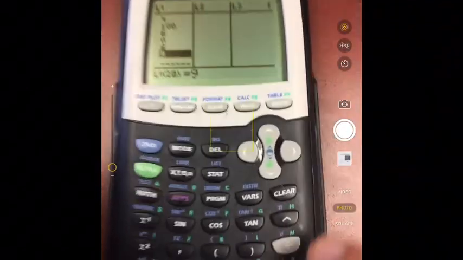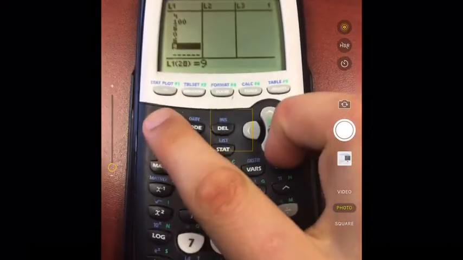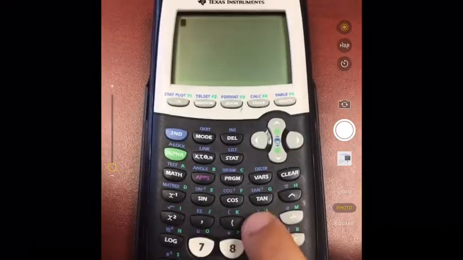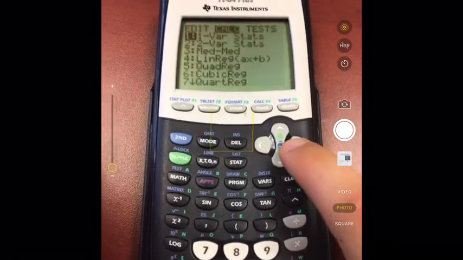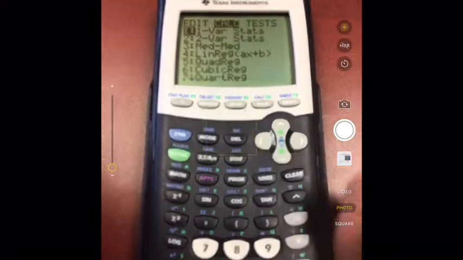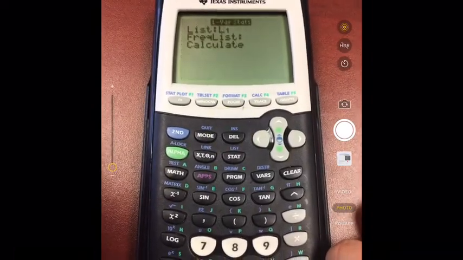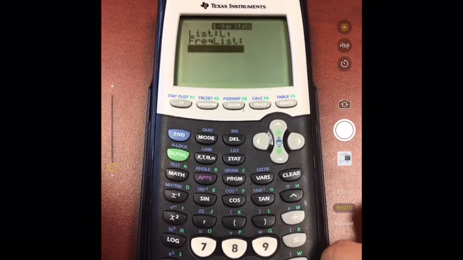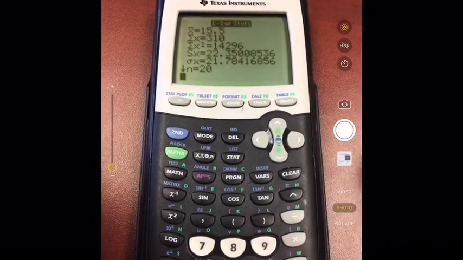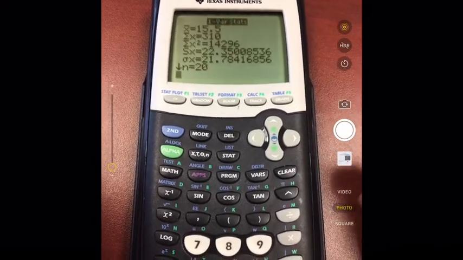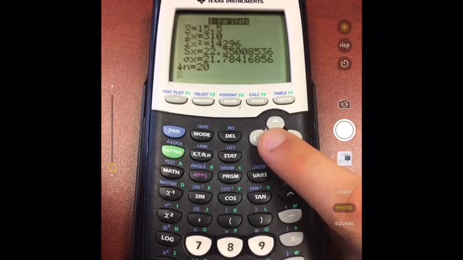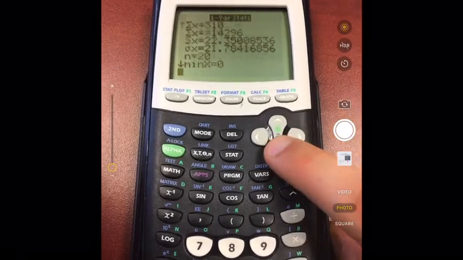Okay, so to find this 5-number summary, we're going to leave this, so second quit. We're going to go to Stat, then go to Calc and hit Enter on 1-Var Stats. Make sure it says L1. And we get some of these funny symbols and numbers, which some of you know what they mean, some you don't.